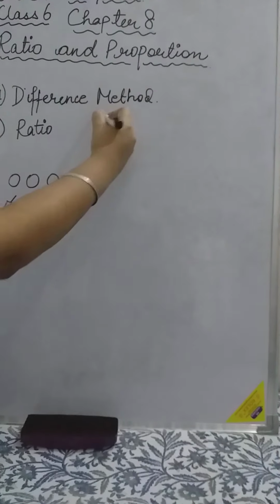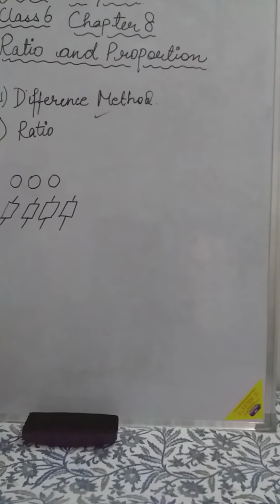Now, according to this difference method, you can say that you are having one more toffee than balls, or you can say that you have one less balls than toffee. So in both the ways, what difference you are getting? The difference is 1. So that is the difference method.